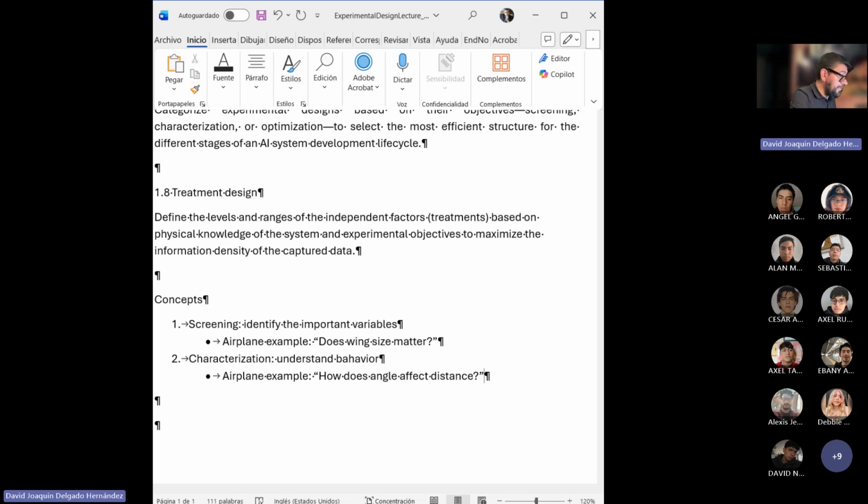And the third point here, which is important, has to do with the optimization. So let me write it down here, optimization, okay? So here, the idea is to find the best combination of variables.